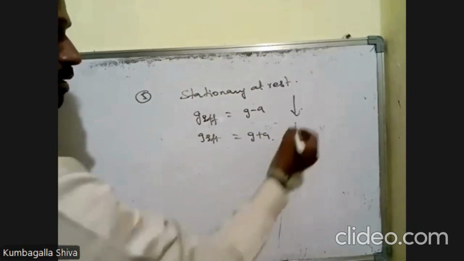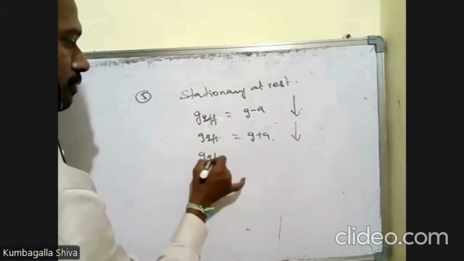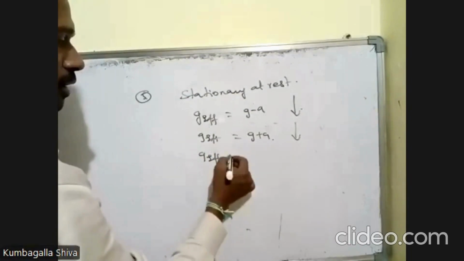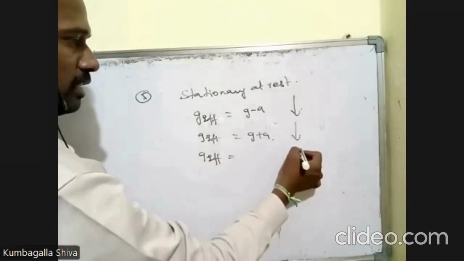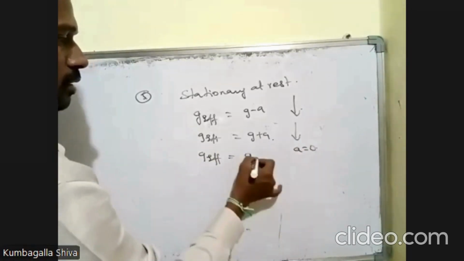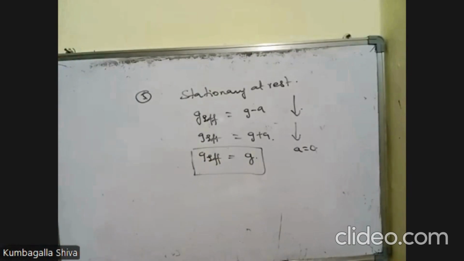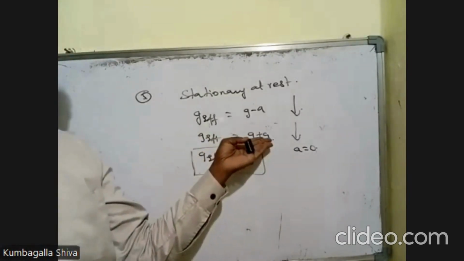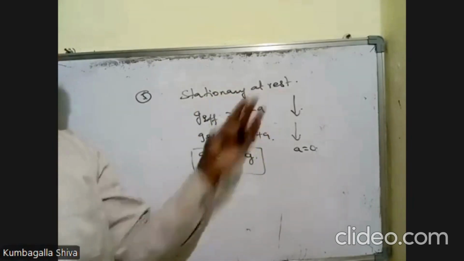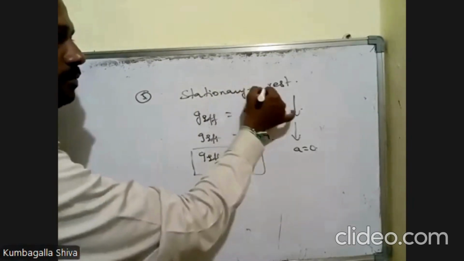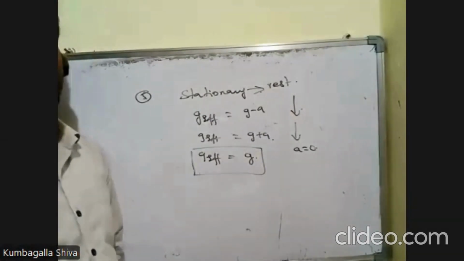It means whatever you take, the body's acceleration is 0. It's not moving, no acceleration. Stationary means rest. So G effective will be equal to G.